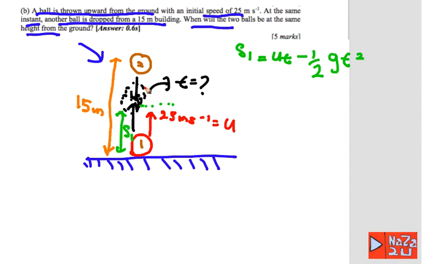All the motion of the two objects is on the vertical axis, so this is y. For S1, ball 1 is thrown upward with 25, so uyt minus half g, where g is 9.81, and t squared is the time taken from the ground to the point here.